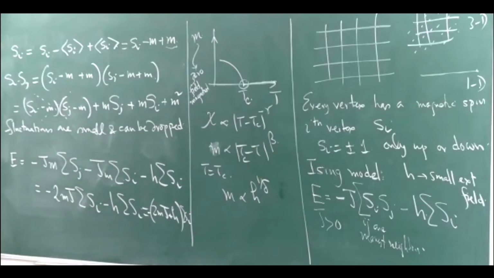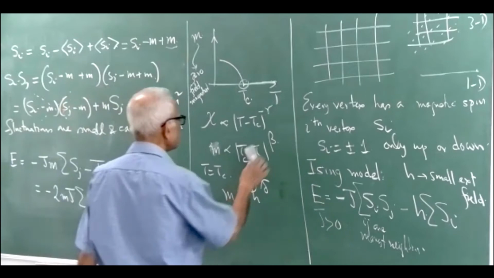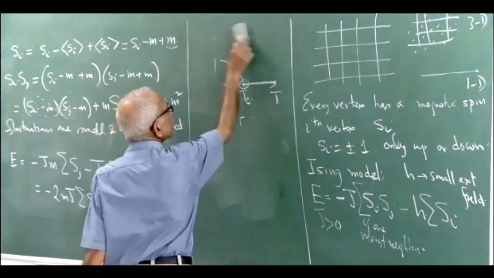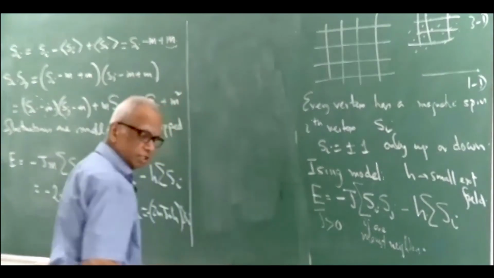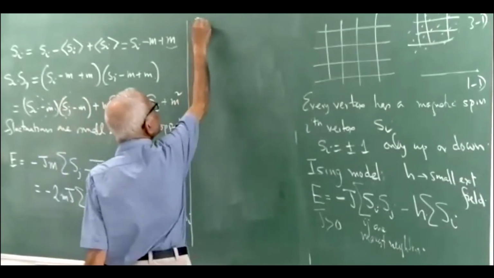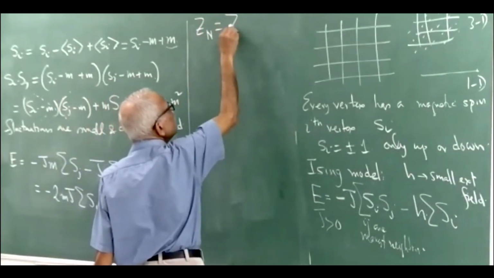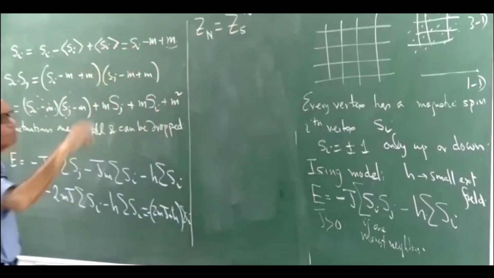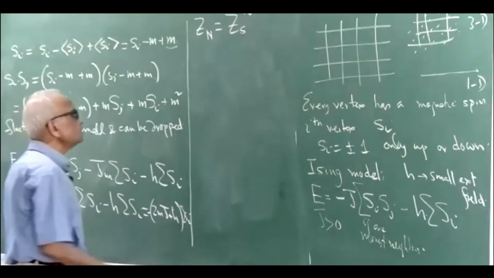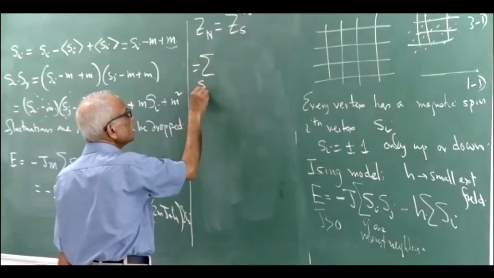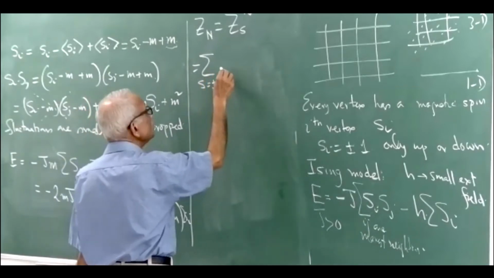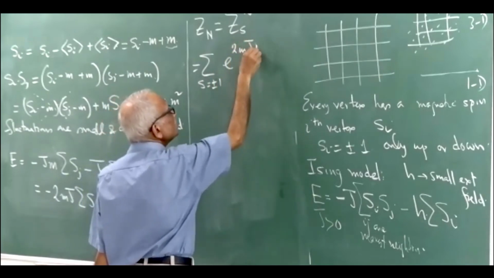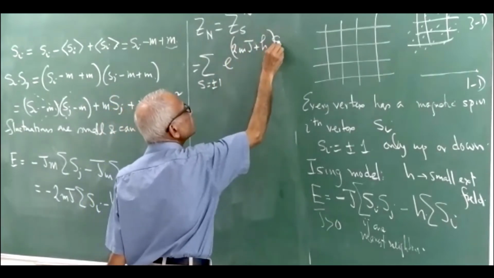Because now the partition function, it's a non-interacting system, and therefore the N-particle partition function is Z_s to the power N, the single particle partition function raised to the power N, and then it is equal to sum over s equal to plus minus 1, and you have e to the power 2MJ plus h times s.